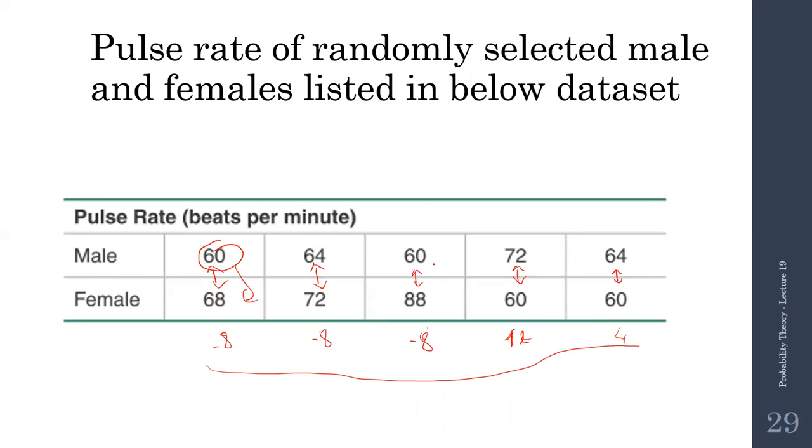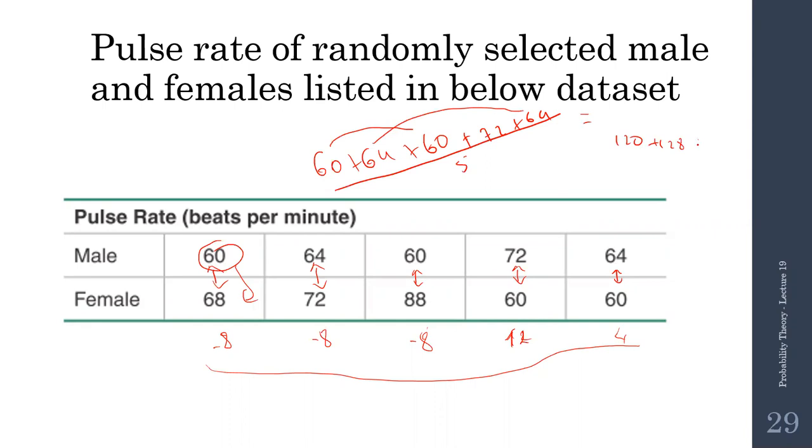What can we say? For example, we can have 60 plus 64 plus 60 plus 72 plus 64 divided by 5. We have 120, 128, and so we have how much? 120 for them, together plus 128 plus 72 over 5, which we got here.